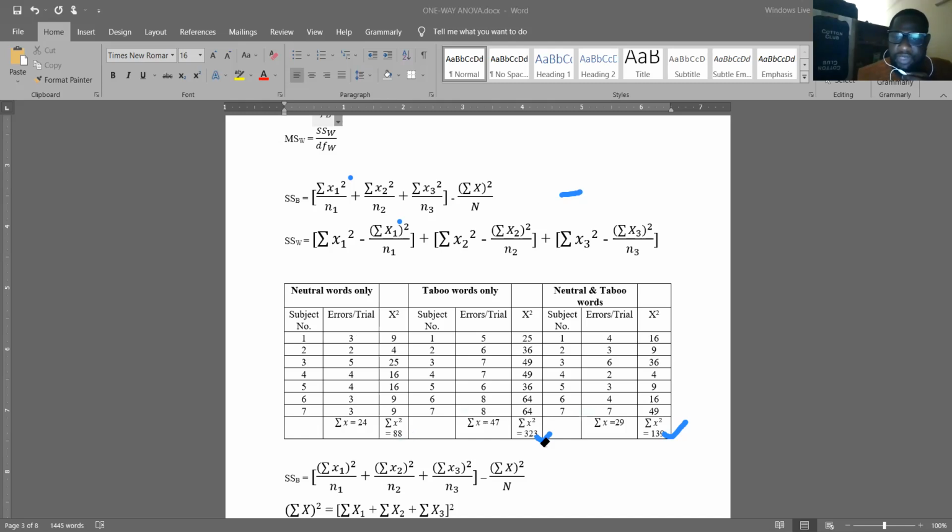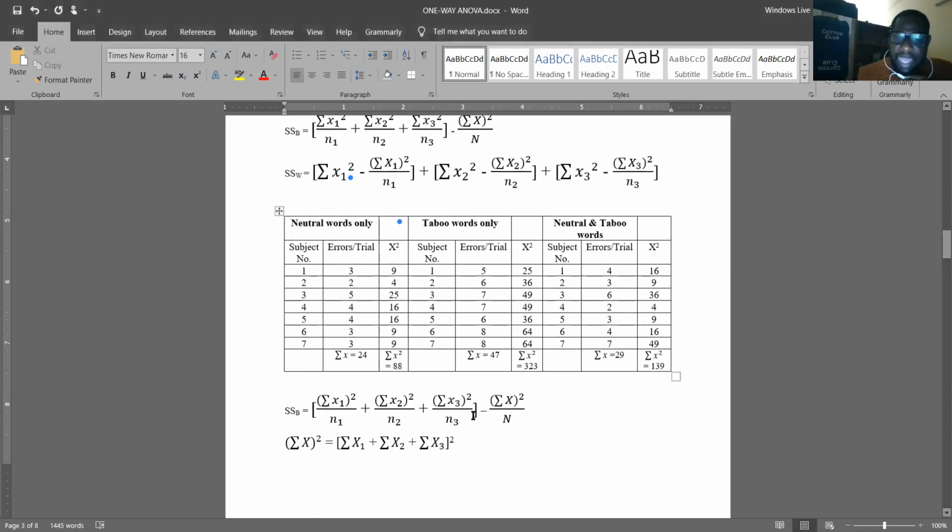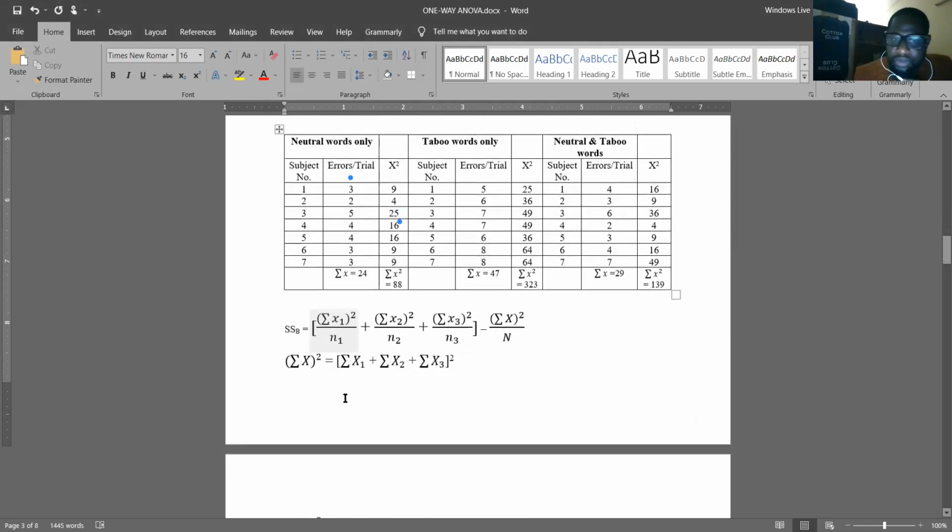So let's try and substitute them. We are solving for sum of squares for between. Under sum of squares for between, we know the formula. Currently, we know sigma s all squared to be 24. So it will be 24 squared over n1.